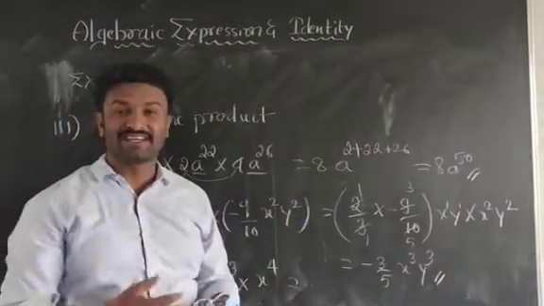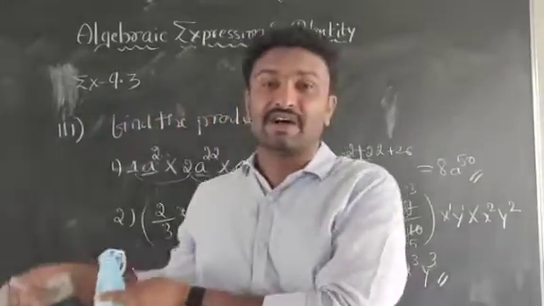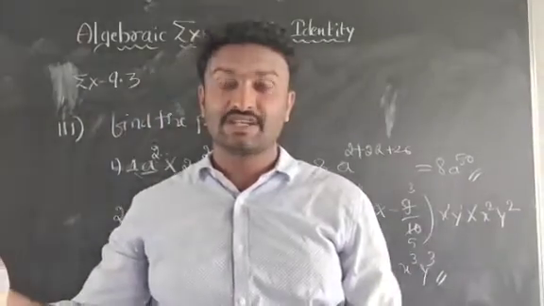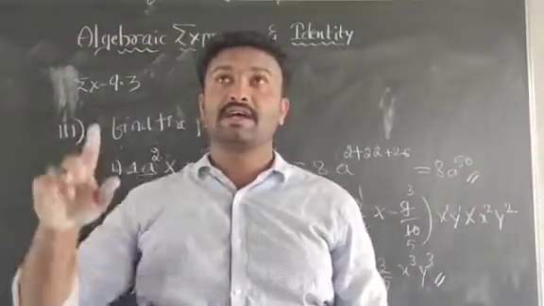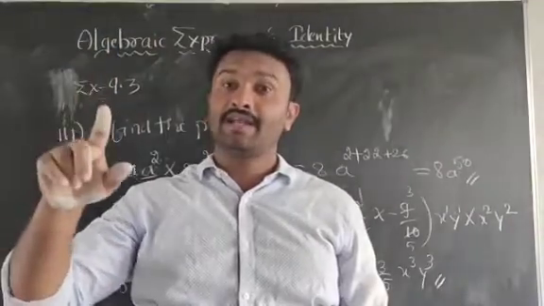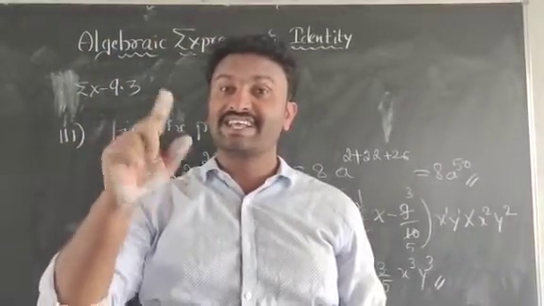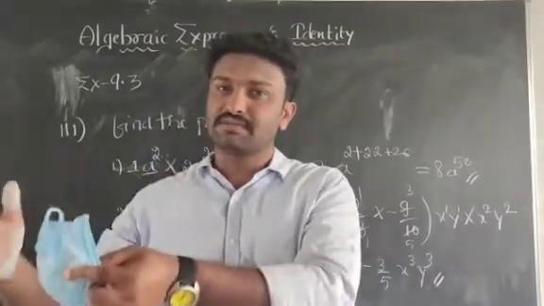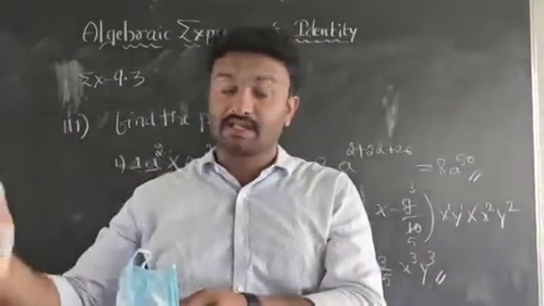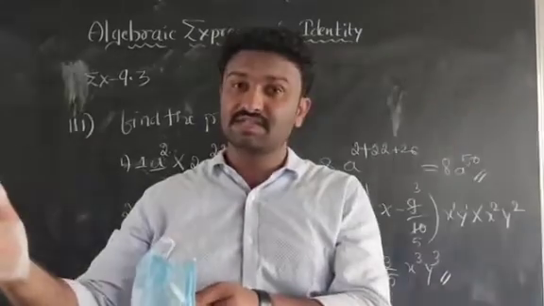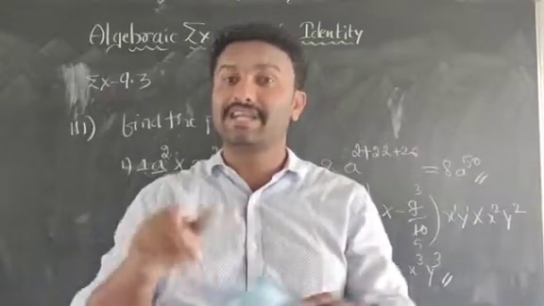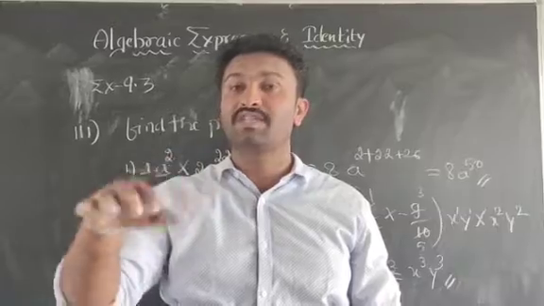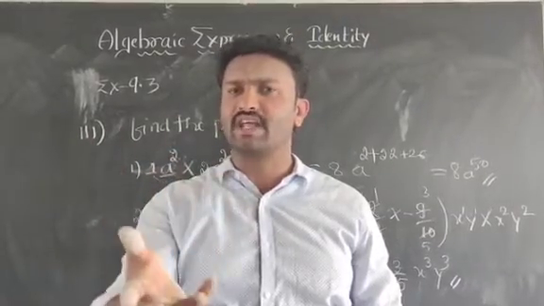Okay, we stop here. Sorry, let me recap from the beginning. Terms and coefficients. Next, like terms and unlike terms. Next, addition and subtraction of like terms. We cannot add unlike terms, remember, which are having different variables.